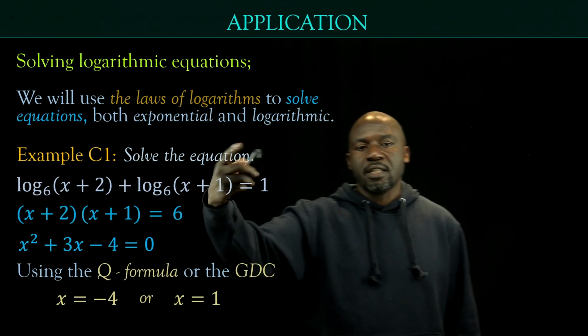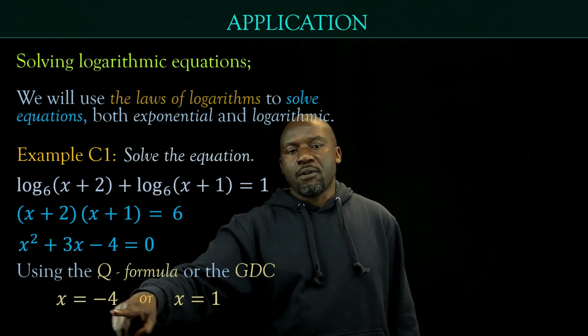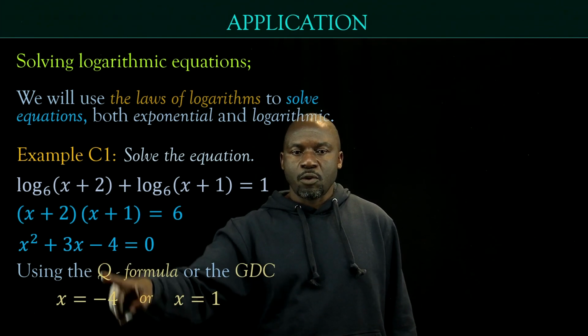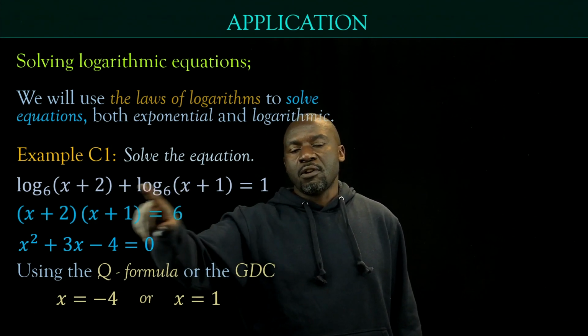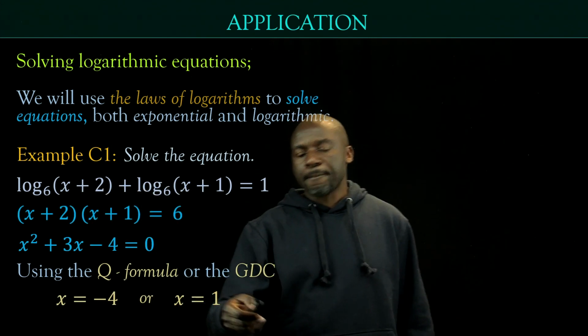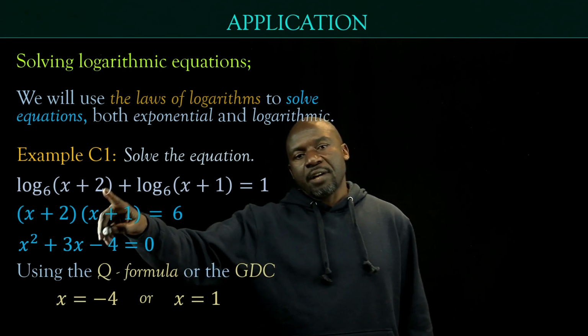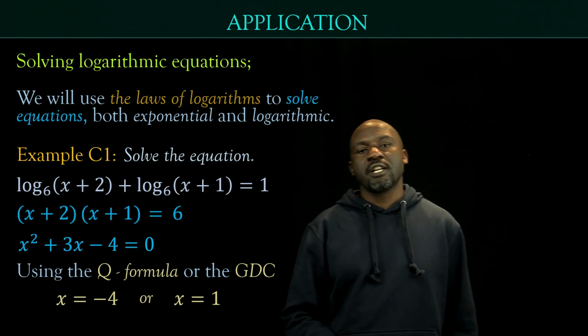We already discussed that in the previous videos. And so a value of x of -4, although it is a solution to the quadratic equation here, does not hold for the logarithmic equation, and so we have to discard it. Why? Because the argument of a logarithmic expression has to be positive, has to be greater than 0.